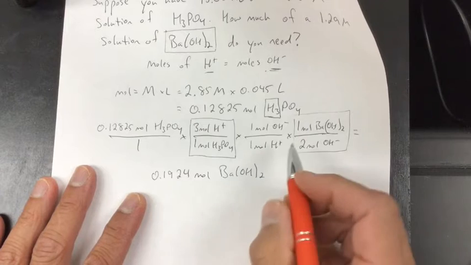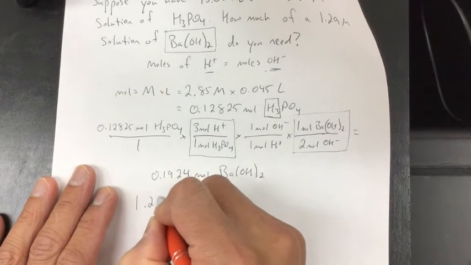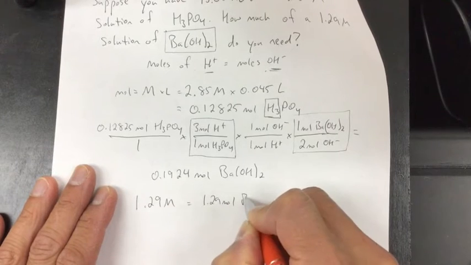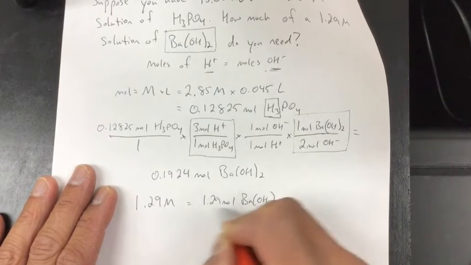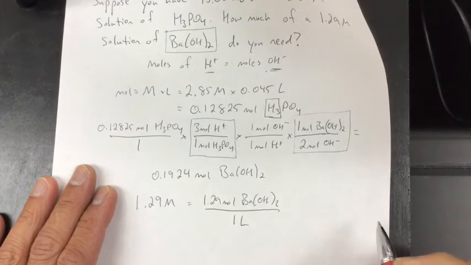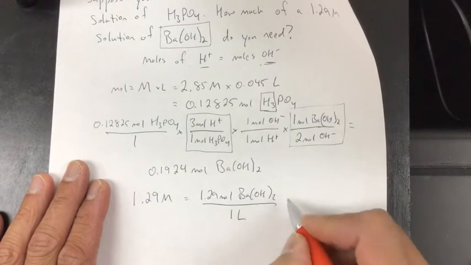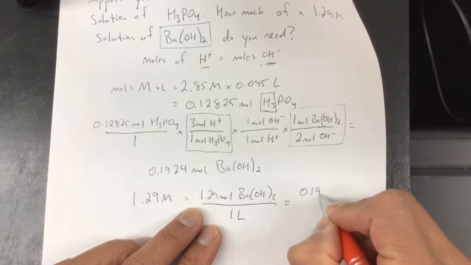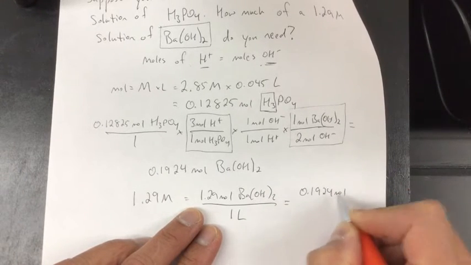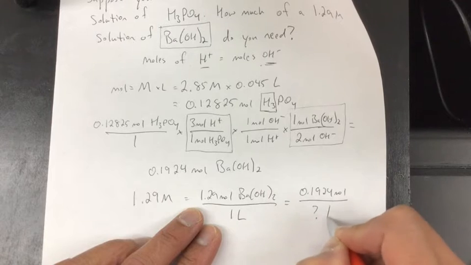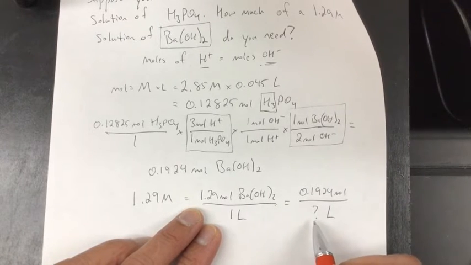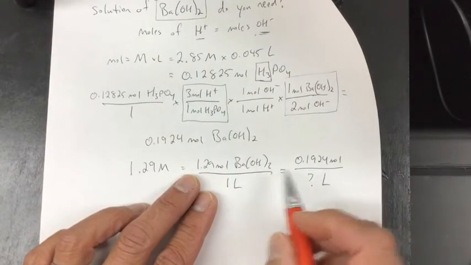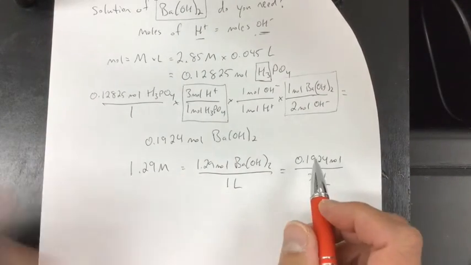So remember, my molarity is 1.29 molar, which is 1.29 moles of BaOH2 in 1 liter. And that's my molarity. And I have 0.1924 moles in question mark liters. Now I can solve for the liters here. So I'm setting up a proportion. We can also set this up by rearranging an equation.